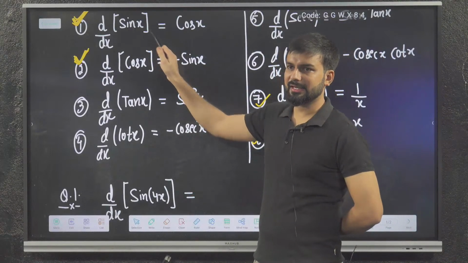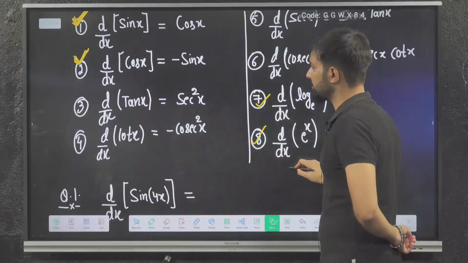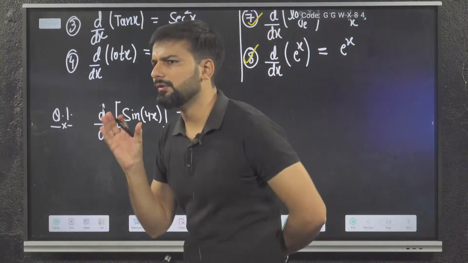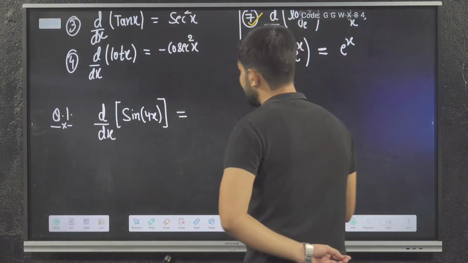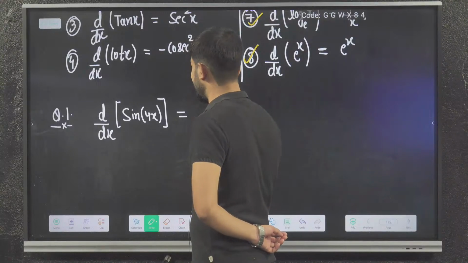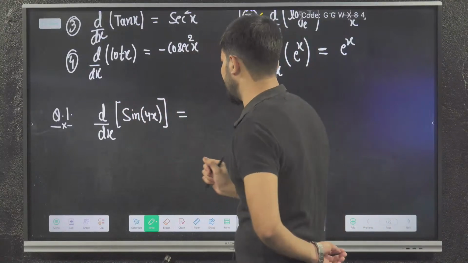So how will we get the answer to this kind of question? There is a little catch here that you have to listen to very carefully. There is an extra step involved.